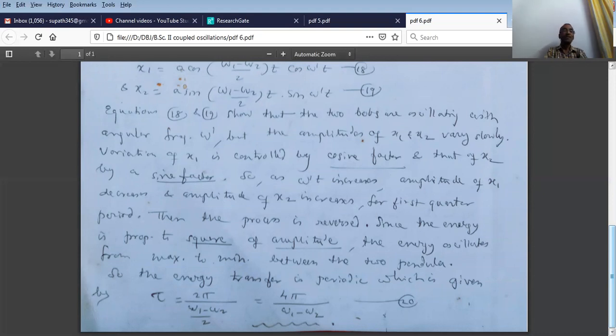Since the energy is proportional to the square of the amplitude, the energy oscillates from maximum to minimum between the two pendula. Here the word pendula is used because it is the plural of pendulum.